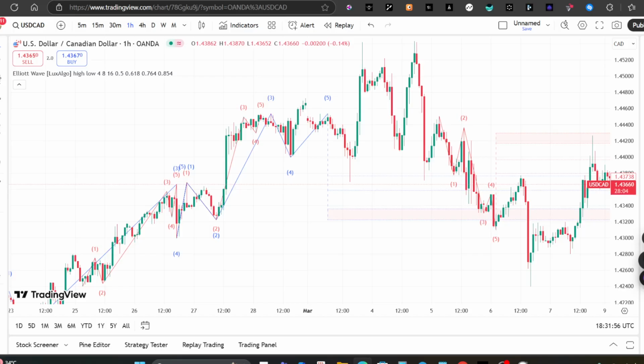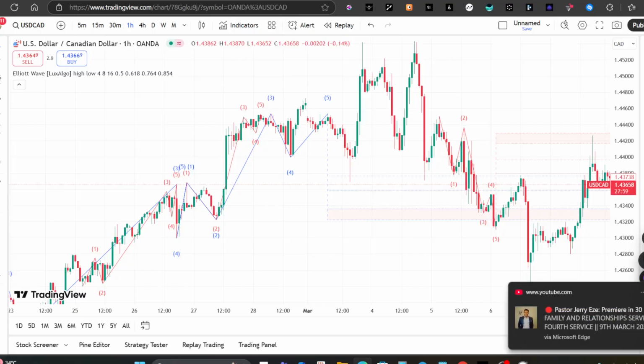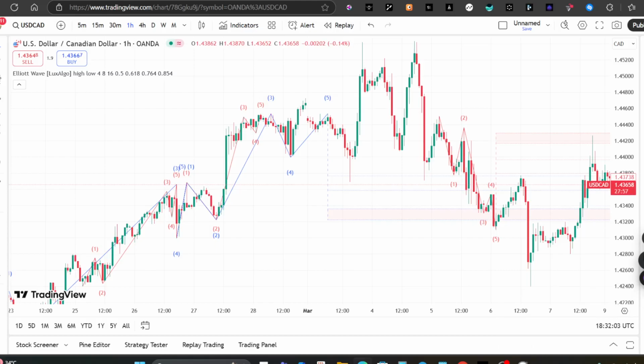Another reason truncation is easily missed is because traders rely too heavily on price targets and Fibonacci levels. While these tools are essential for technical analysis, they can give misleading signals when truncation happens. A truncated wave is a deviation from the expected pattern. So when using these indicators, always stay flexible and be open to the possibility of a change in trend.